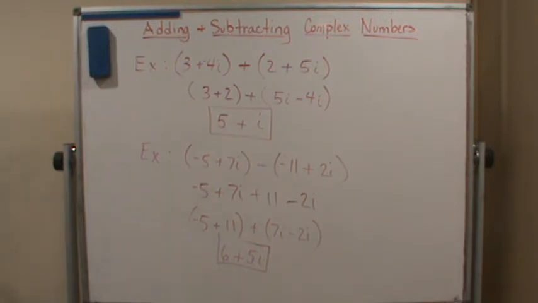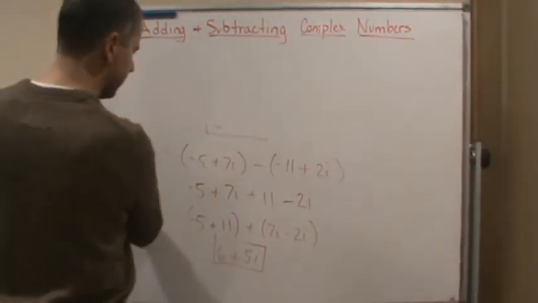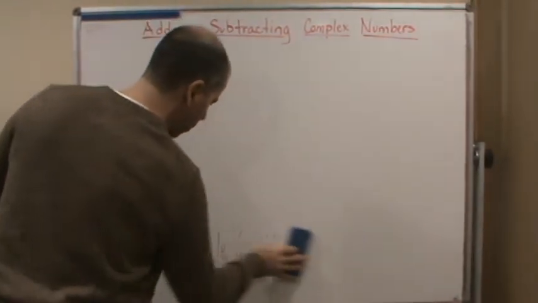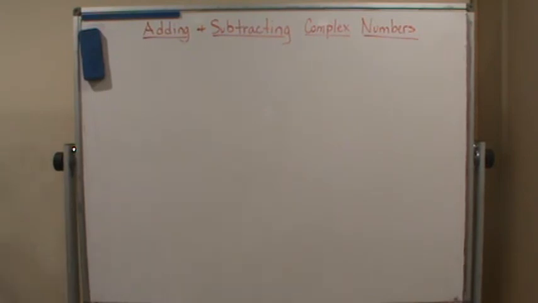Now it says subtract 2 plus 5i from 3 minus 4i. That's the last example we'll do. Reading these problems is very important. It says, subtract 2 plus 5i from 3 minus 4i.